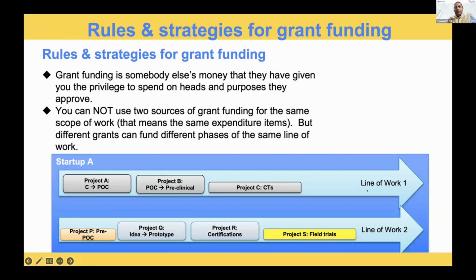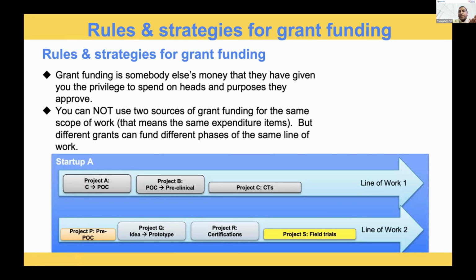The last point I want to make before I talk specifically about the proposal is that there are some generic rules about grant funding. The first thing to remember is that grants are basically somebody telling you that we are allowing you to spend this money on behalf of us, right? That's what it is. That's how it is treated.